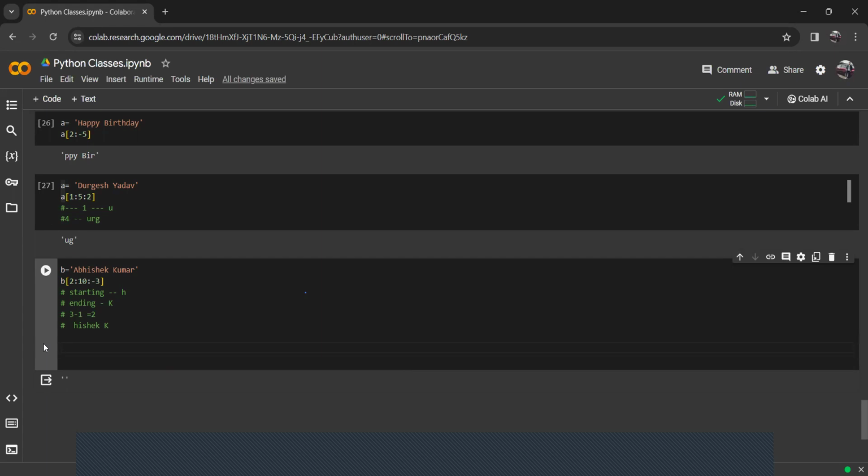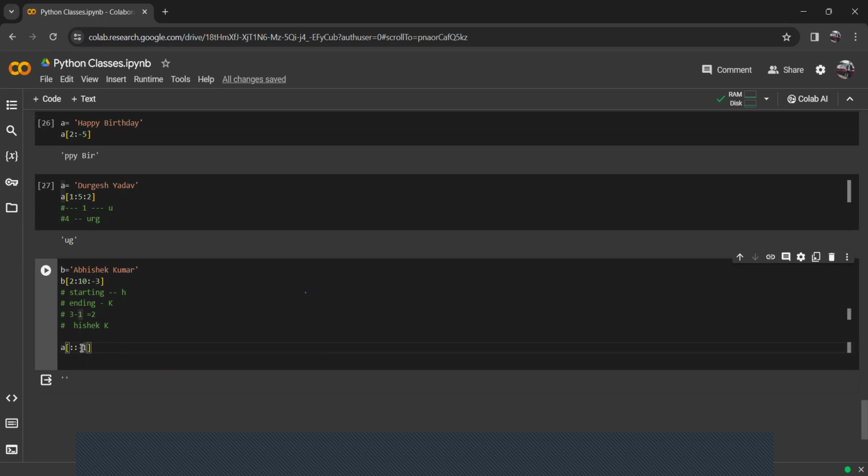Let's see one more example first. For example, if I have written colon minus 1, see, the negative value is here. And you know that the starting is from nothing and the ending is from nothing, which means starting is from the start and ending is at the end.